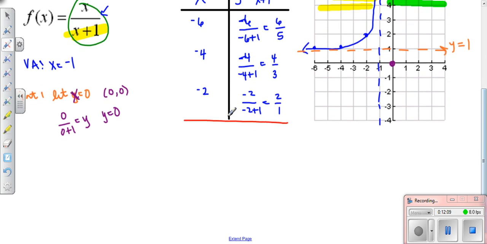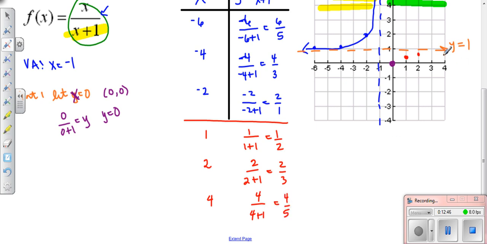So let's go over on the other side and test some values on the other side of the asymptote. So let's put in 1. I have 1 over 1 plus 1, which is 1 half. Let's put in 2. I have 2 over 2 plus 1, which is 2 thirds. If I put in 4, I have 4 over 4 plus 1, which is 4 fifths.